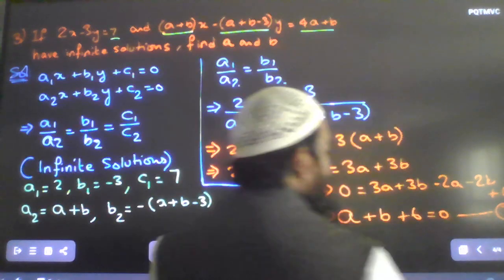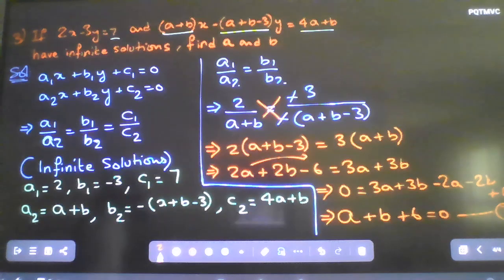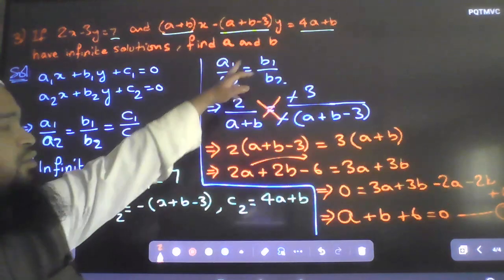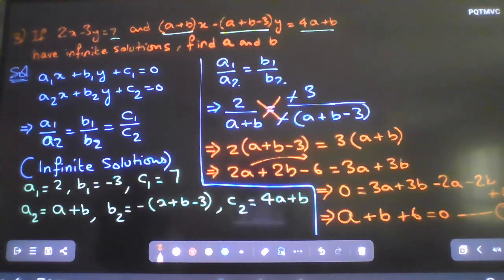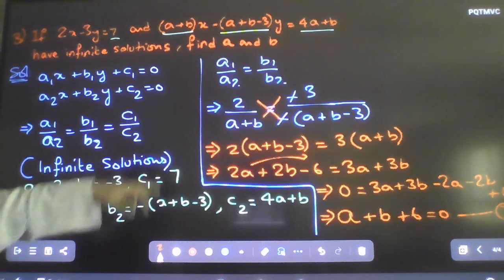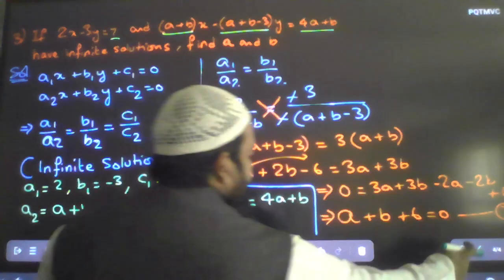This is our first equation. Understood? We have equated only a1 by a2 is equal to b1 by b2. Now let us equate b1 by b2 is equal to c1 by c2, right?